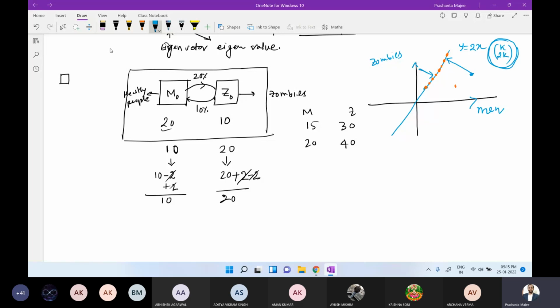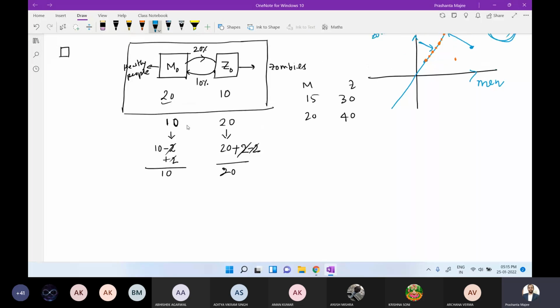So what is the matrix here for this system? Suppose in the nth day the population of men is m_n, and the population of zombies is z_n on the nth day. So what will be the population on the (n+1)th day for men? m_(n+1) will be 20% of m_n plus 10% of z_n.